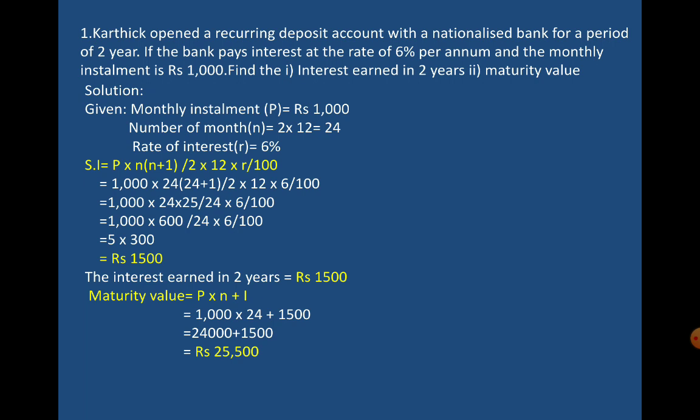Multiplying 1000 into 24, we get 24,000, plus 1500, we get rupees 25,500. So the interest the bank paid for 2 years is 1500 for Karthik, and at last he got a maturity value of rupees 25,500 from the bank.